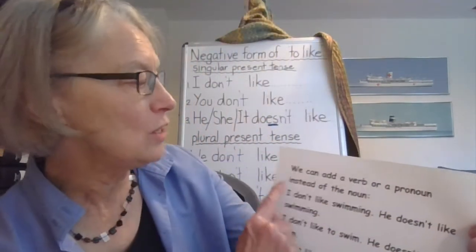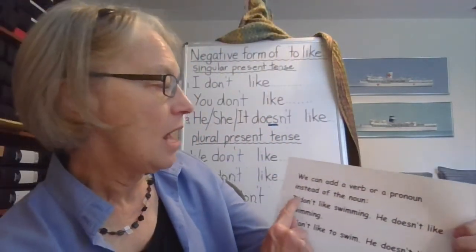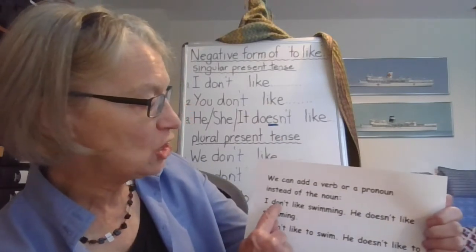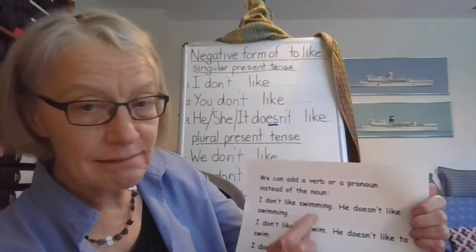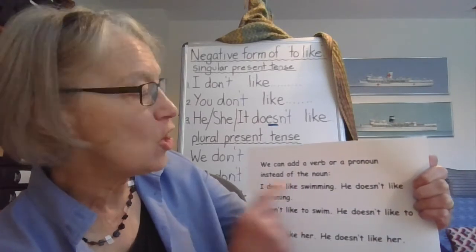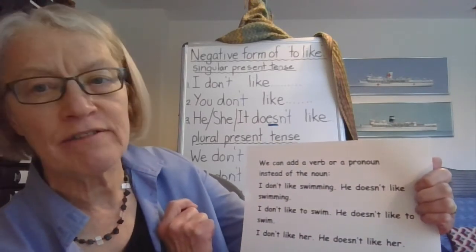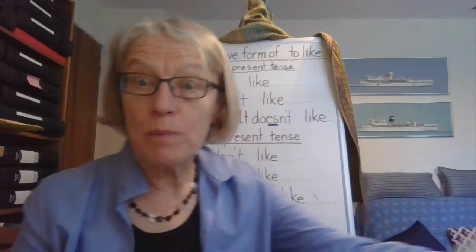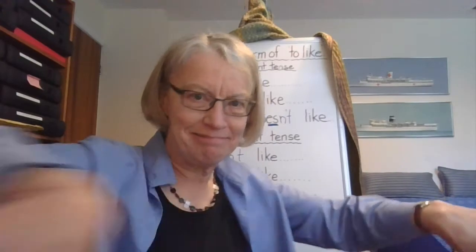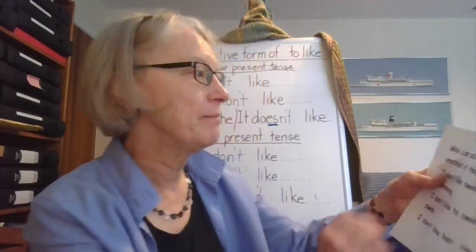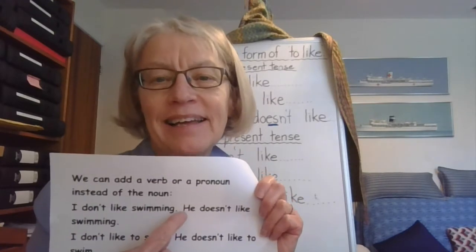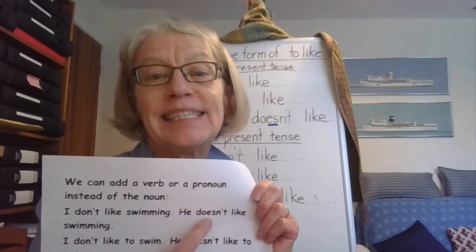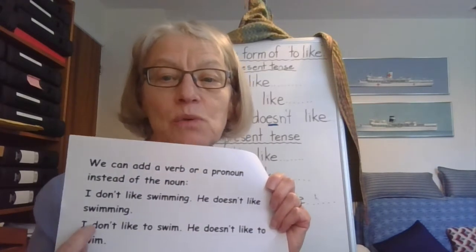So we can also say, I don't like swimming. Swimming is a verb. It's the ing form of a verb. Swimming is if you're in water. And if it's the third person singular, it would be he or she doesn't like swimming.